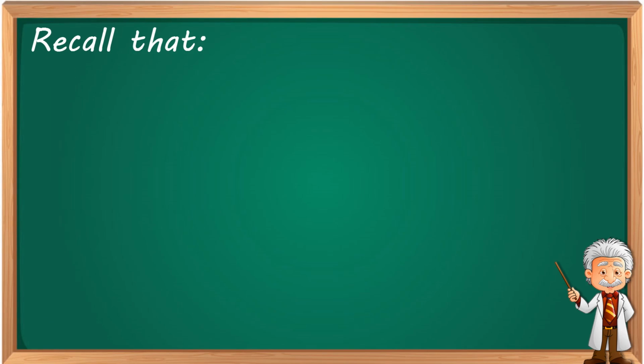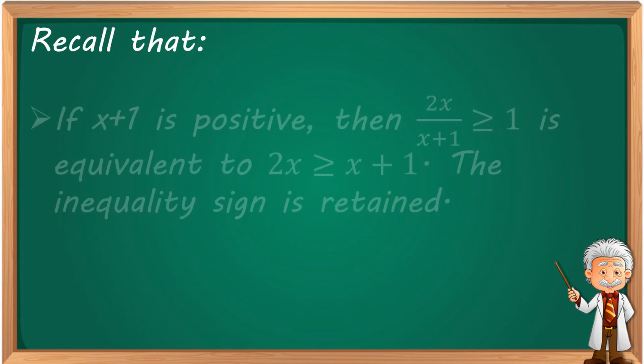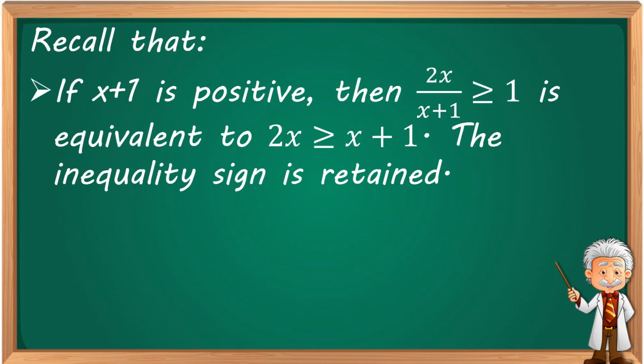Oops, teka lang, we have to recall this first. Recall that if x plus 1 is positive, then if our given is 2x over x plus 1 is greater than or equal to 1, it will be equivalent to 2x is greater than or equal to x plus 1. The inequality sign is retained.